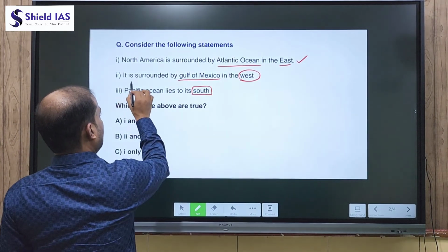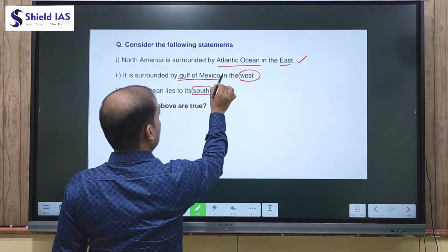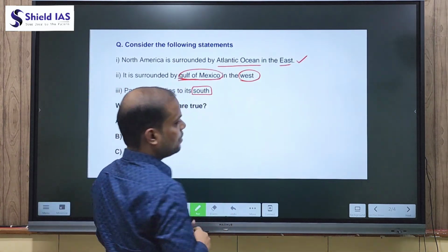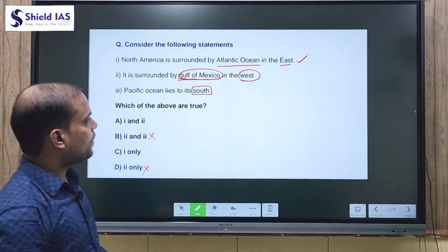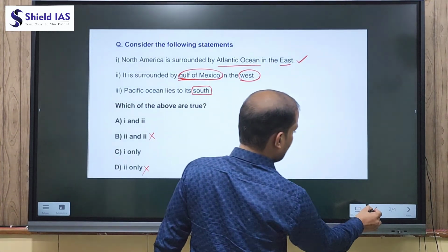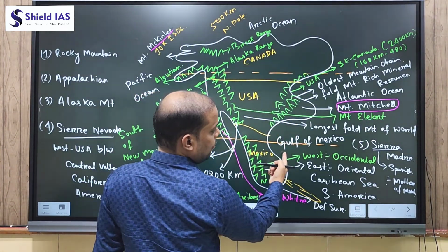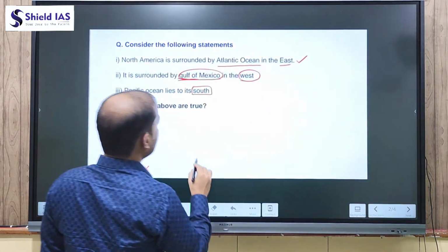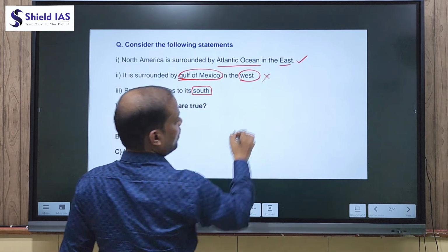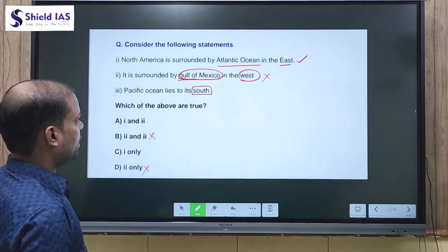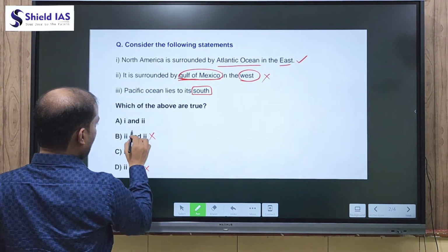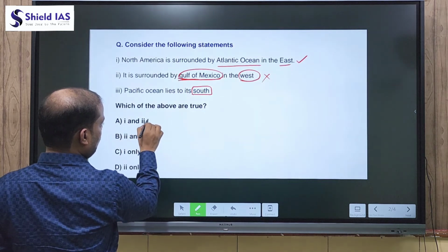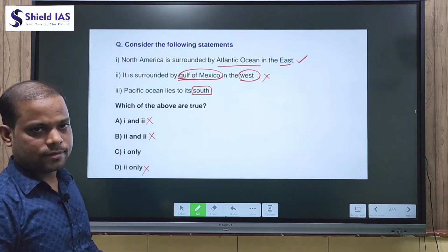Second statement says that it is surrounded by the Gulf of Mexico in the west. As you have seen, the Gulf of Mexico is situated in the southeast, not in the west. So this statement is incorrect. And the second statement is available in option A, so you can also eliminate this.